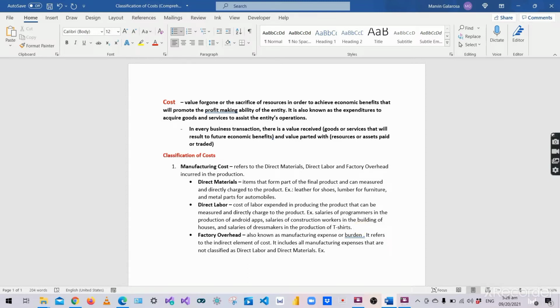Examples. Examples are indirect materials, indirect labor, factory supplies, depreciation of factory building, and factory insurance.